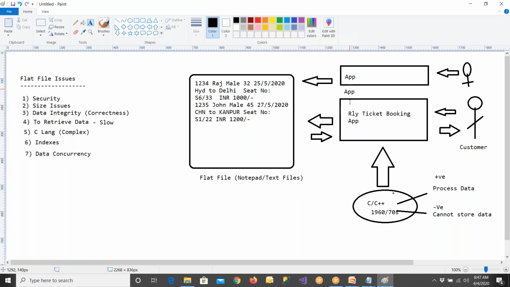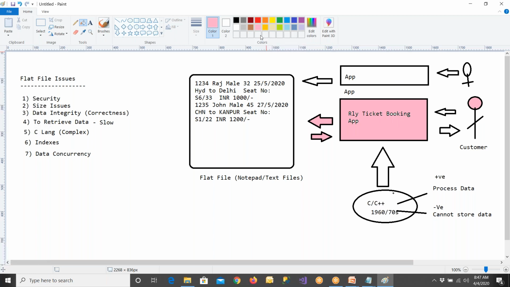What happens if this guy is writing? Let us understand, this guy is trying to write something. Now if this guy is writing, this guy has to wait, because more than one guy is trying to book tickets at the same time. Storing the same data at the same time is impossible, so definitely this guy has to wait.